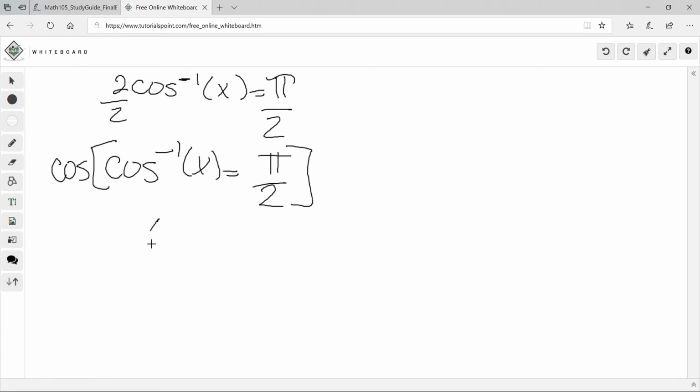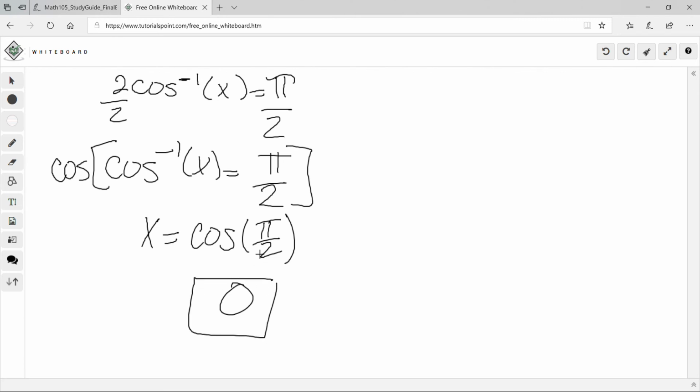So you're just left with x, and then you do the same thing on the right, so it's cosine of pi halves. So what angle in radians is going to give you a cosine of pi halves? It's 0, right? 0 or 2 pi is the same thing.